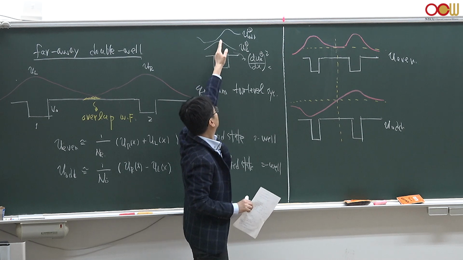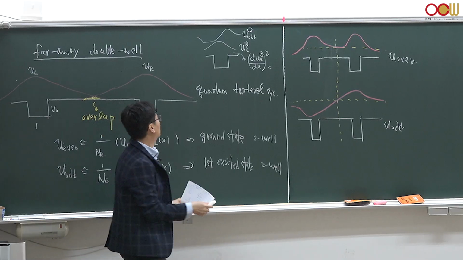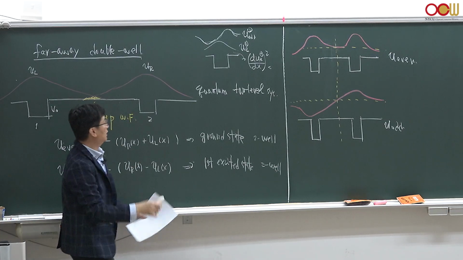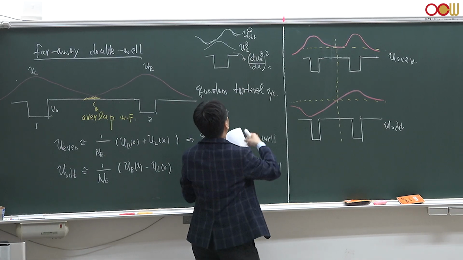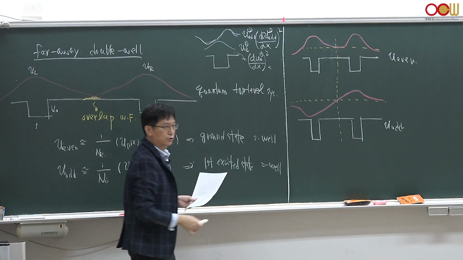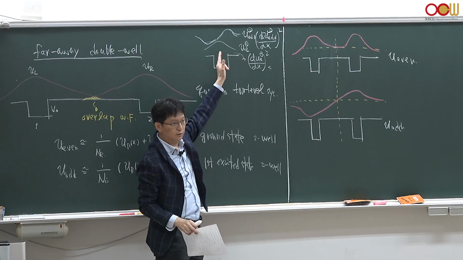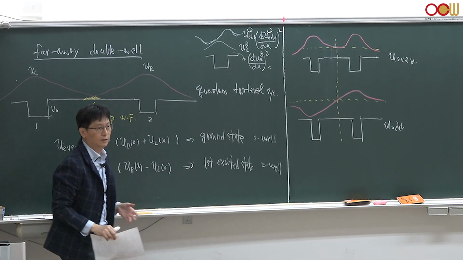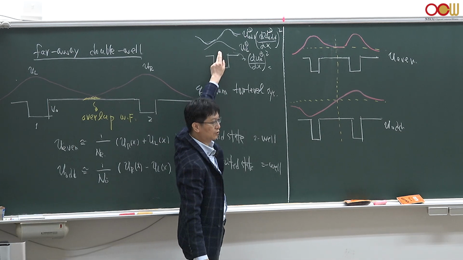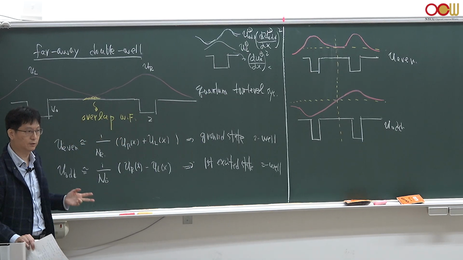But if you look at the odd wave function, it has more nodes and is curved more. So if you evaluate du/dx and integrate over the entire range of the potential, you will find that the value of (du/dx) squared is larger, meaning it carries more kinetic energy. As a result, the cosine function must be the ground state, and the sine-like function must be the first excited state, as we already pointed out.